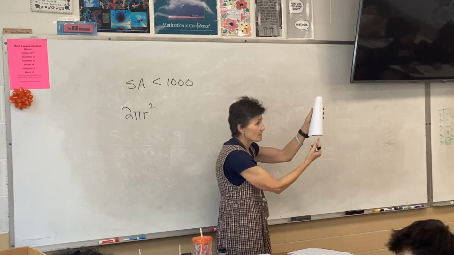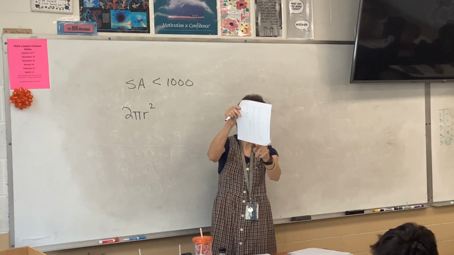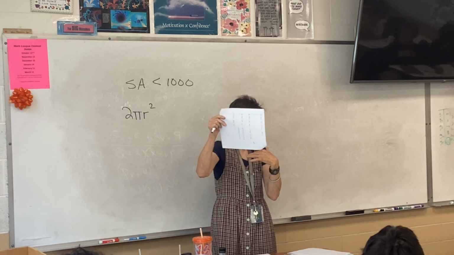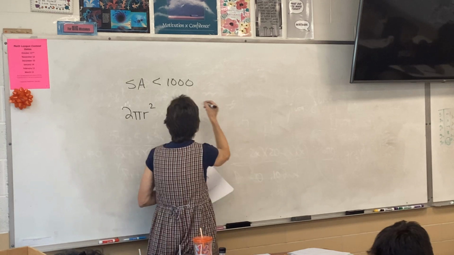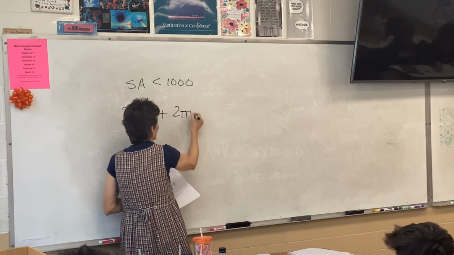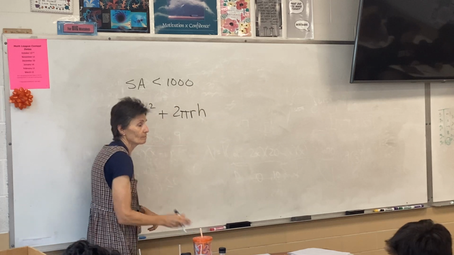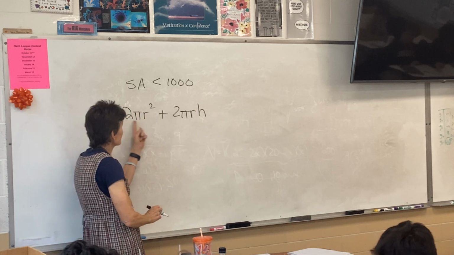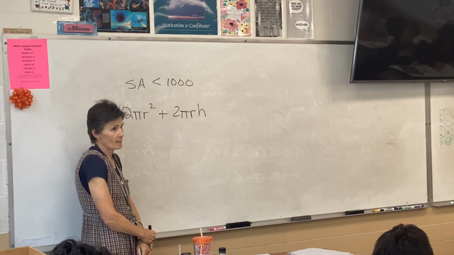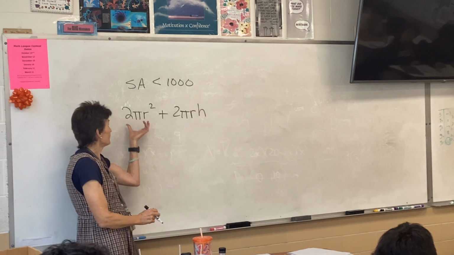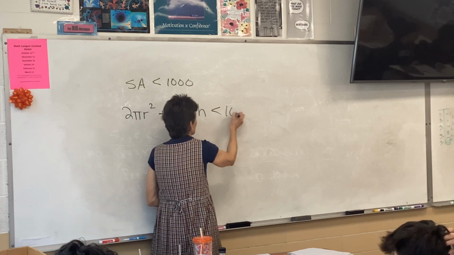When I open it up, this is just the circumference opened up, right? And circumference is 2 pi r. And then this is just the height of the cylinder. So this is the formula for the surface area of a cylinder. Top and bottom, sides. And I need that to be less than 1,000.